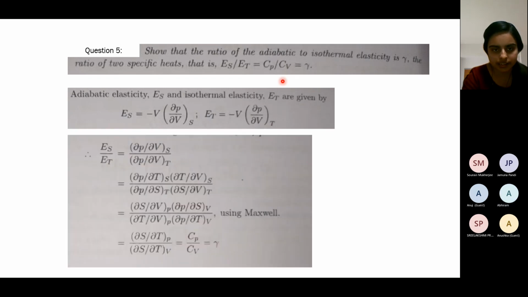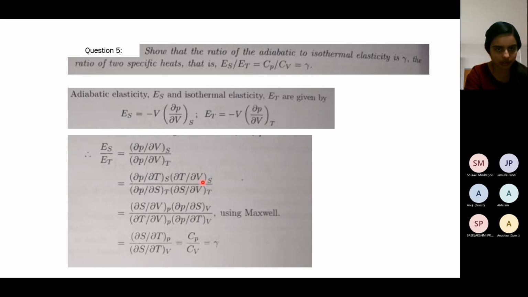What is the first thing that we will be doing? Using Maxwell relation. Yes. So we will use Maxwell's relations, and let's see how. What we will first do is that we will break this partial differential. So it's del P del V at constant entropy. We will write it as del P del T at constant entropy into del T del V at constant entropy.